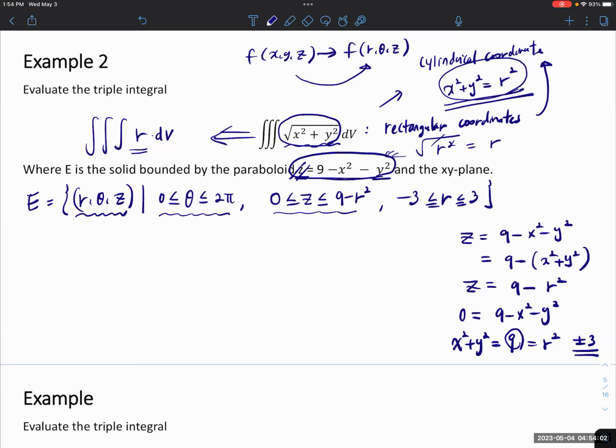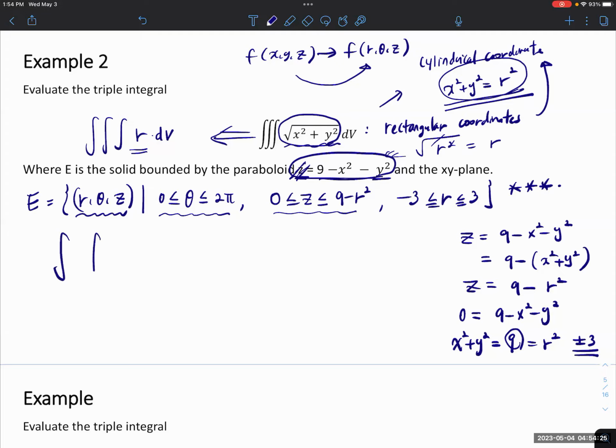And then get rid of z. And then whatever the rest of the thing, you're going to use to find out the interval for r. So x squared plus y squared equal to 9. That's a circle equation, which means the radius is plus or minus 3. So your radius should be from -3 to 3. That's something you need to catch up on.